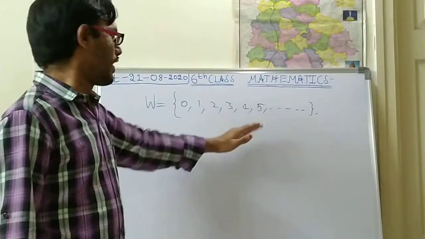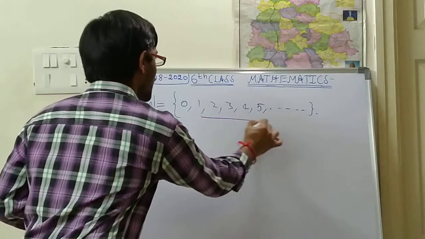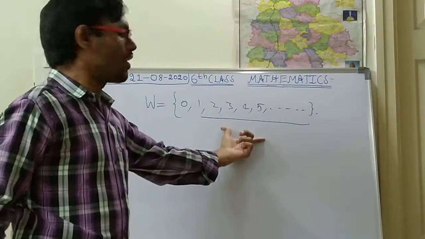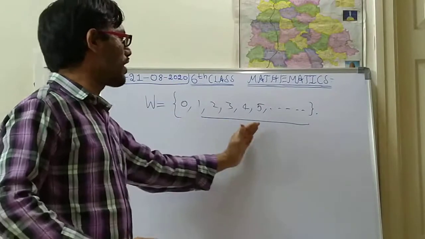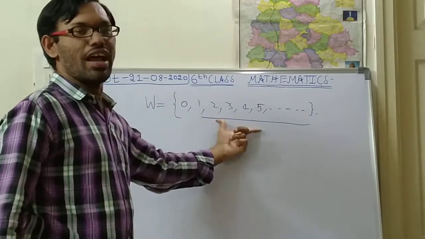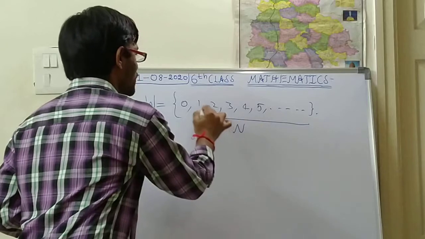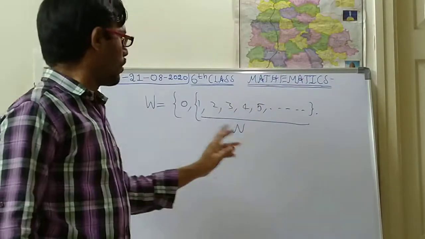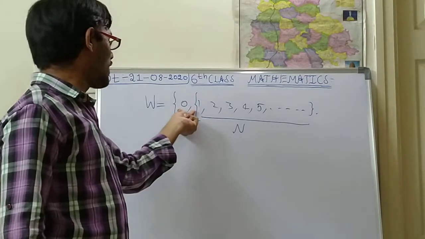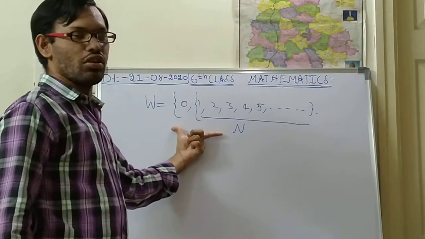In this set we can get a subset of natural numbers. A subset means a part of this set is the natural number set. The natural numbers are 1, 2, 3, 4, 5 and so on. If we add 0, that is the whole number set.